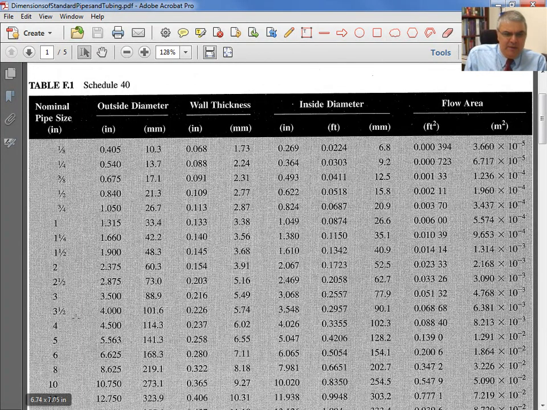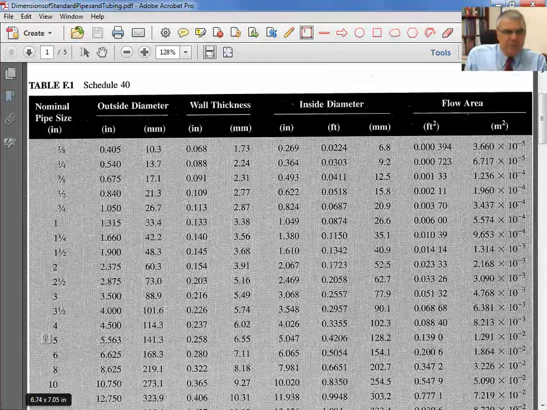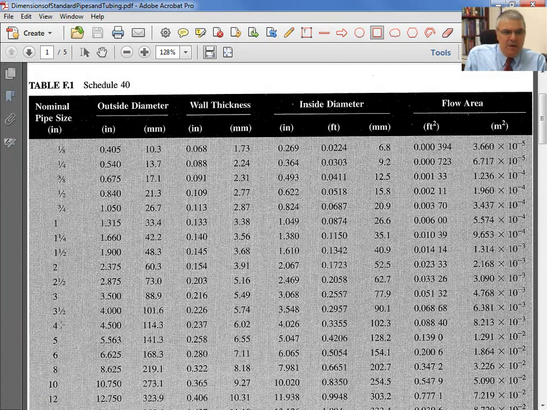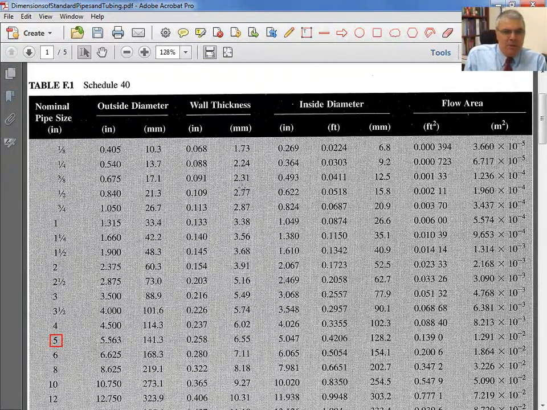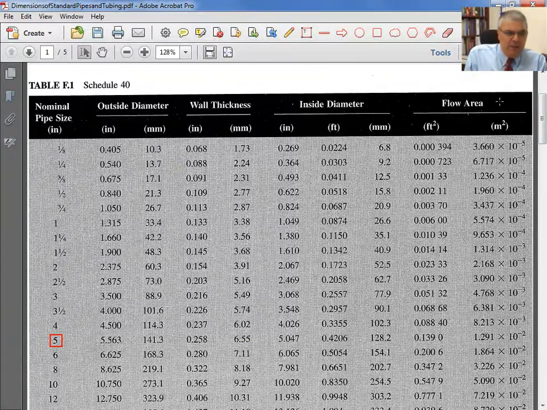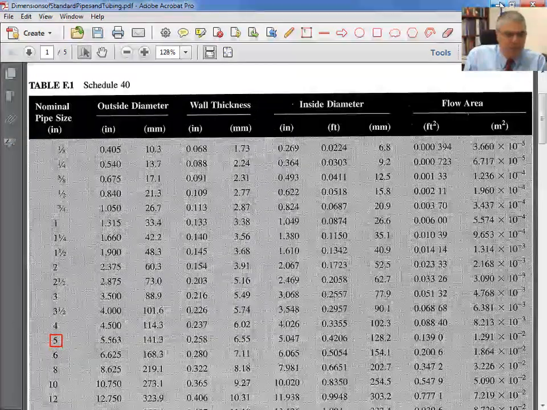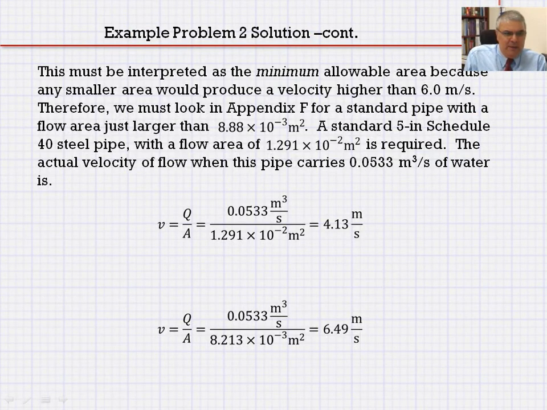Okay, I just marked it. If you continue that, you would see it takes you to 1.291 times 10 to the minus 2, which is above 8.88 times 10 to the minus 3, but the size below that would be 8.22.